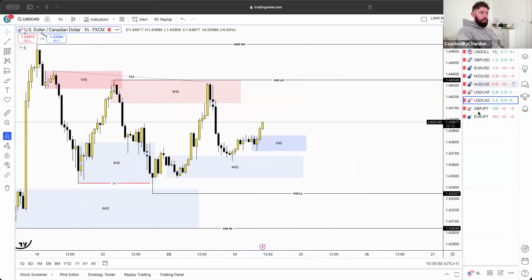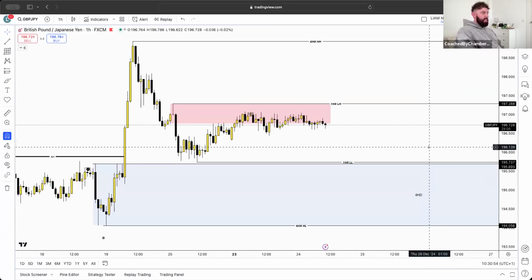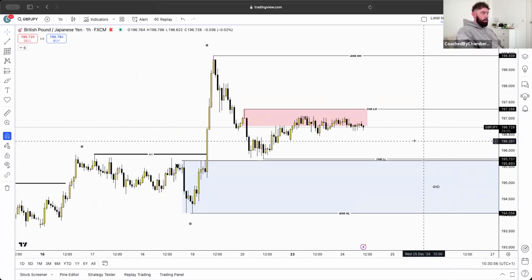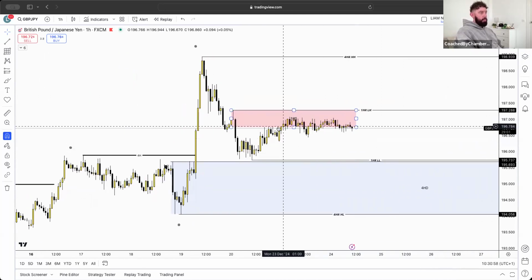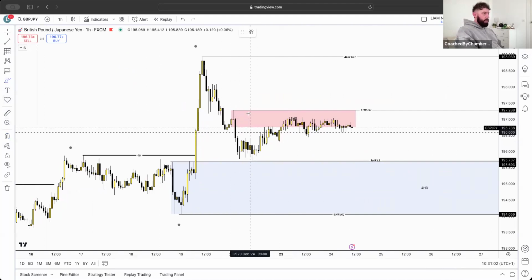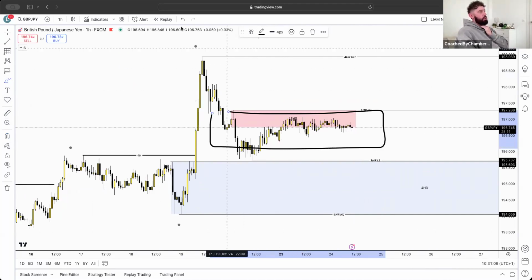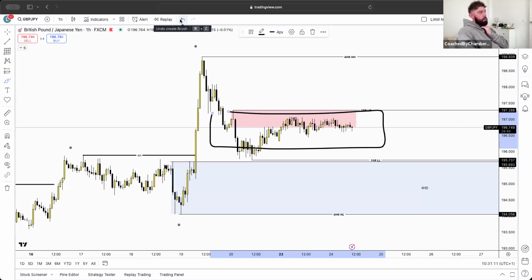And that pretty much leaves us with GJ and EJ, which are the two last pairs. I'm not going to go into detail because GJ looks horrible. It's literally moved as slow as my nan. If you look at this right now, this whole area is something that we don't want to participate in. So with that being said, obviously we don't want to take any longs or shorts from this area.